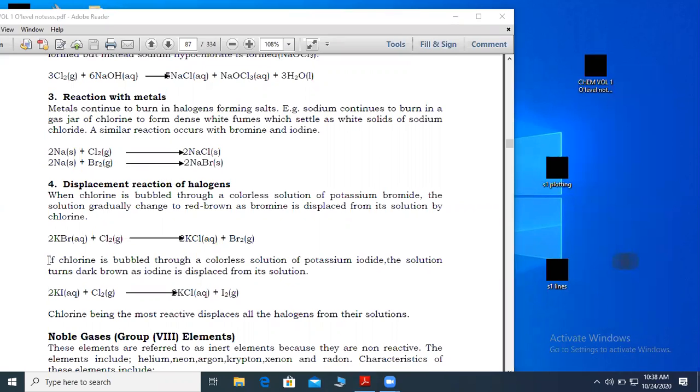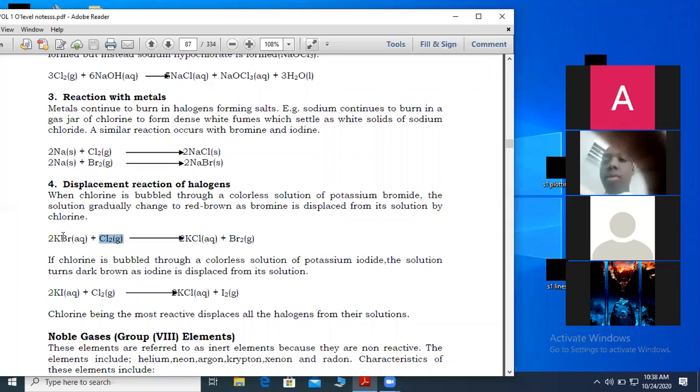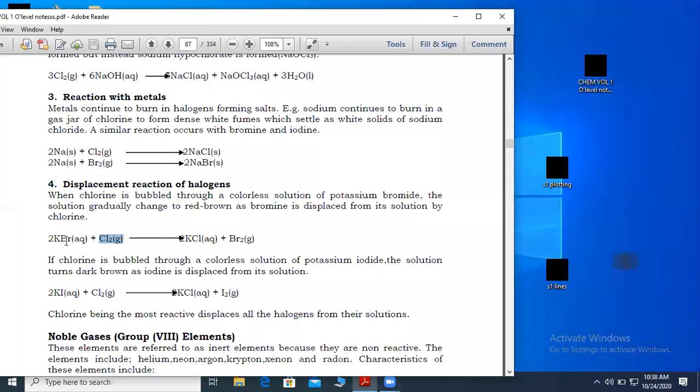When chlorine gas is passed through a solution of potassium bromide, chlorine will displace bromine from its solution and will now form potassium chloride plus bromine. So chlorine displaces bromine from its solution.